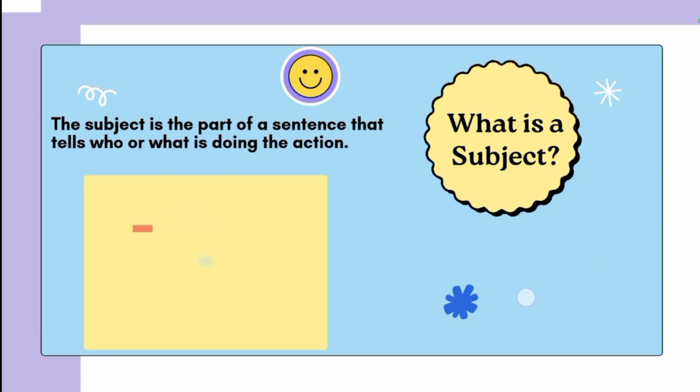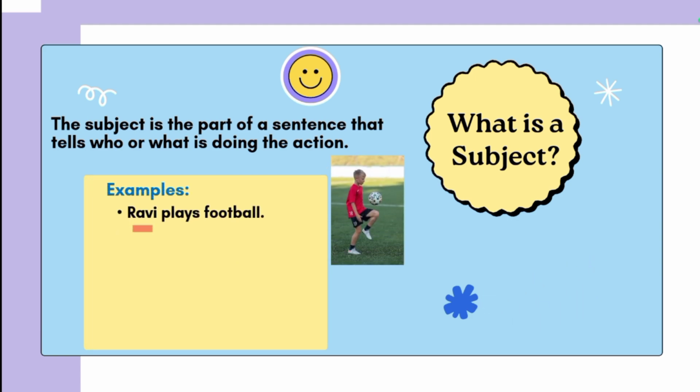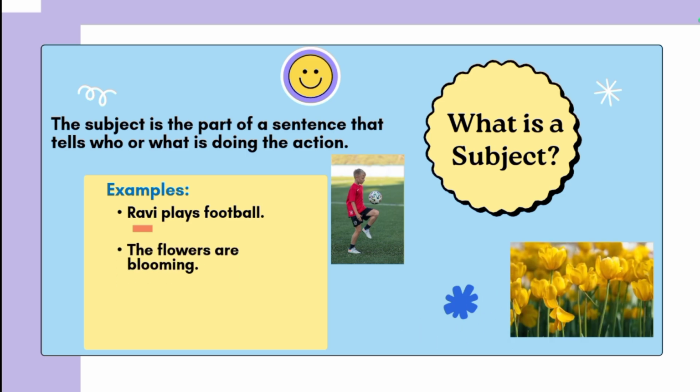Here are some examples. Ravi plays football. Now, in this sentence, we know that the boy Ravi is playing football. So, the person who is performing this action is Ravi, and hence Ravi is the subject. The flowers are blooming. Now, over here, what is blooming? The flowers.